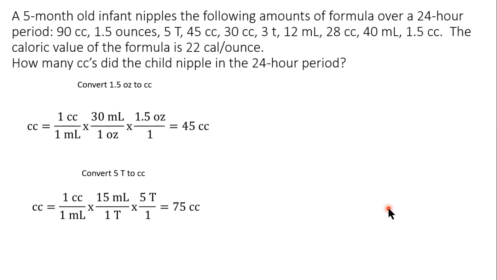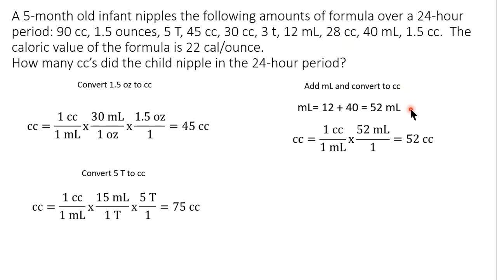So we have 15 times 5, which is 75 cc's. Then, to convert the milliliters to cc's, it's just a 1-to-1. So we just add all the milliliters, which in this case is 12 milliliters and 40 milliliters, for a total of 52 milliliters, which means it's just 52 cubic centimeters.